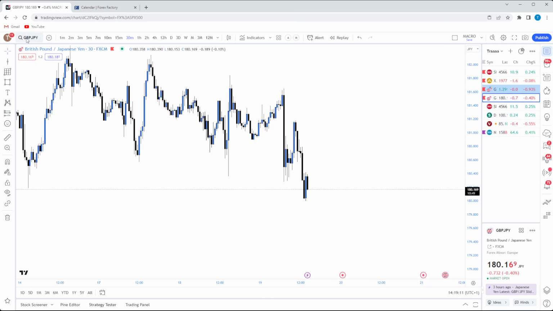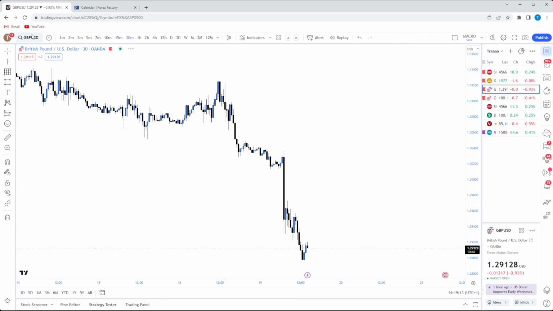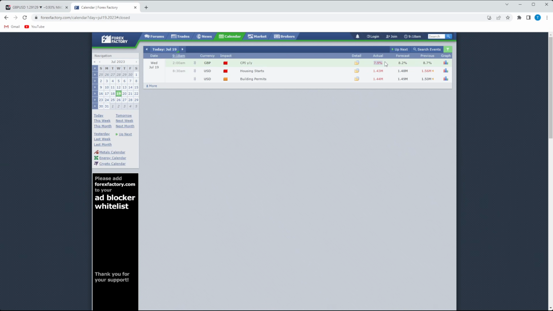So when it's the pound against the yen or the pound against the dollar, this means bearish. Versus the dollar against the S&P, or gold against the dollar, it's different because the dollar's at the end. It's gold against the dollar, pound against the dollar. Anything against the dollar is going to be opposite, whereas GBP against something else is going to be correlated.